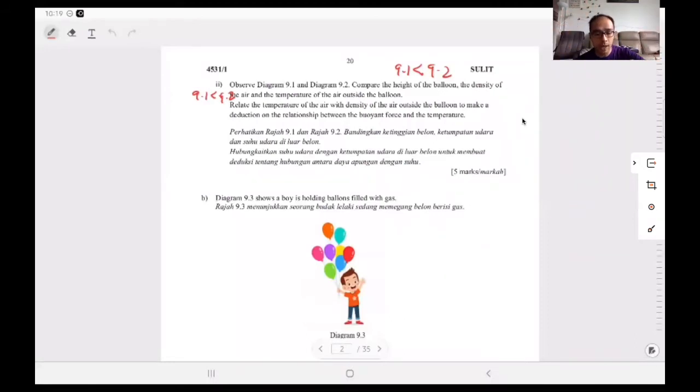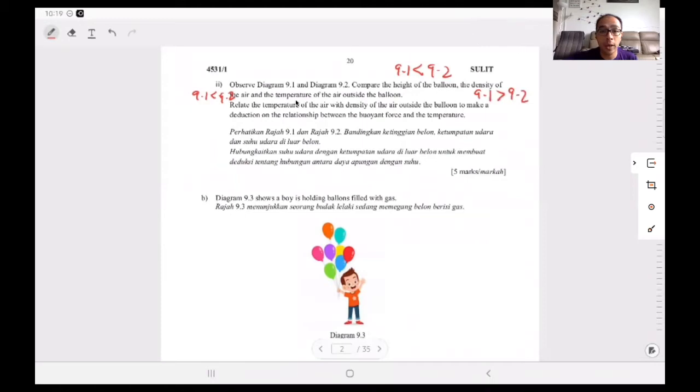So I would say that the temperature of the air outside the balloon, outside, not inside the balloon, means the surrounding temperature. So the higher you go, the lower the temperature will be. So in this case, 9.1 is bigger than 9.2.